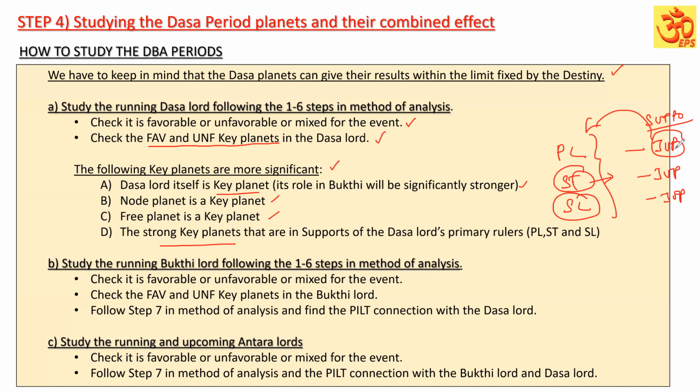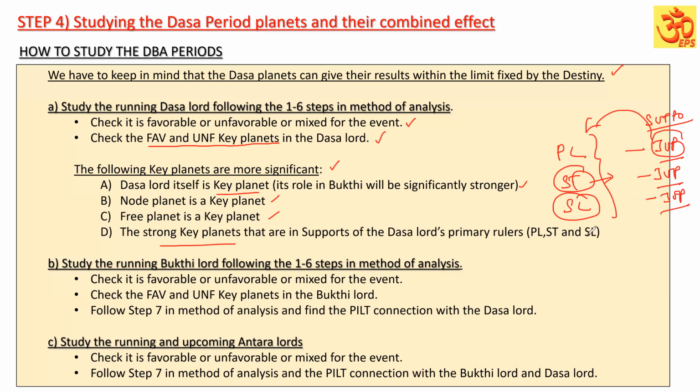Because suppose Jupiter is a free planet, its role as star lord will not be there for other planets. Sublord only may be there, but even that, we cannot expect that Jupiter will be there for many planets as the sublord. But the planets which are under the influence of Jupiter by way of support, if all the rulers, especially if they are present by the Dasa Lord, the support, that is going to be a good key planet.